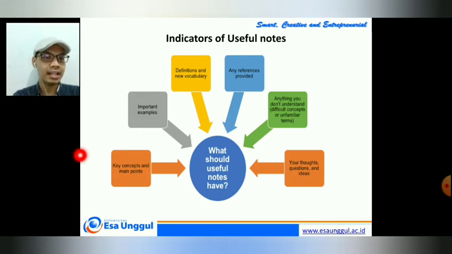And the last is about your thought, your question, and also your idea. Remember, it is related to note-taking skills, because we don't only need to take notes, but we need to have these indicators to make sure the notes are useful.